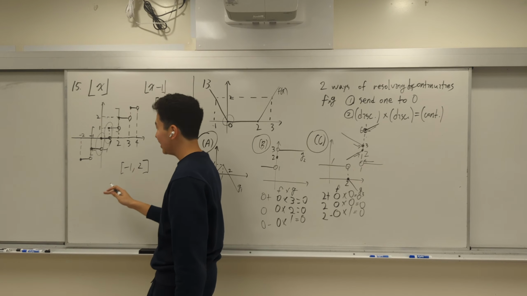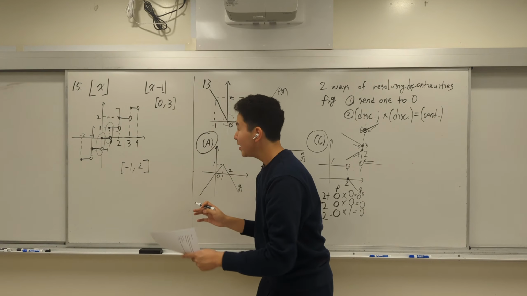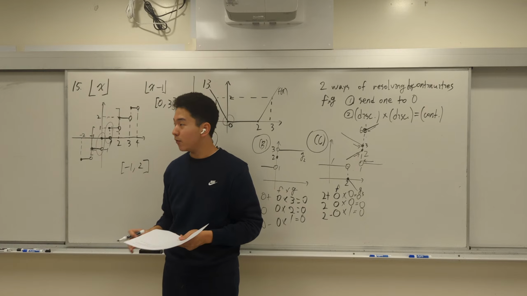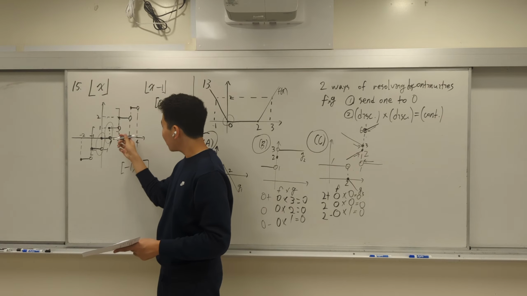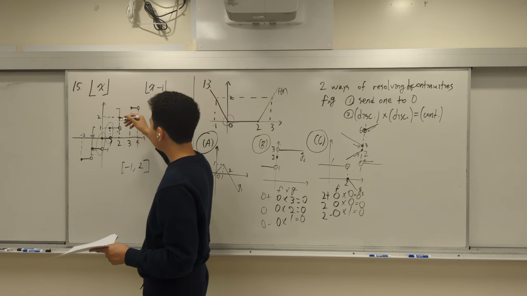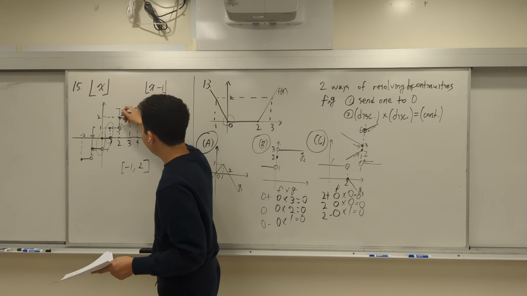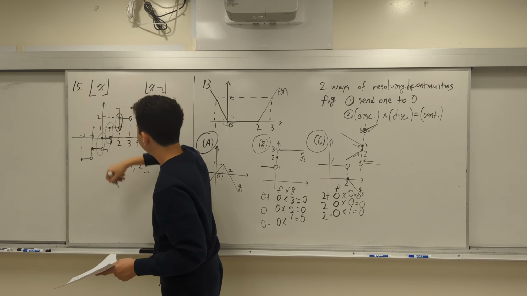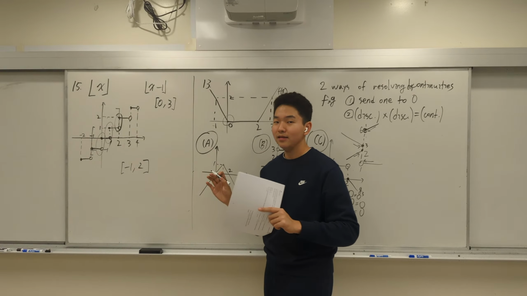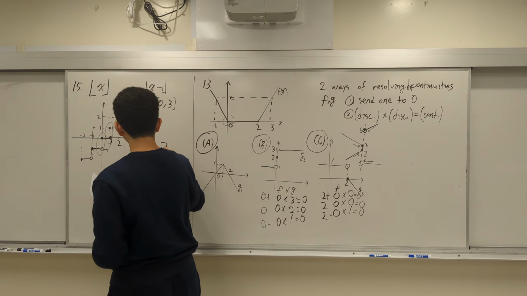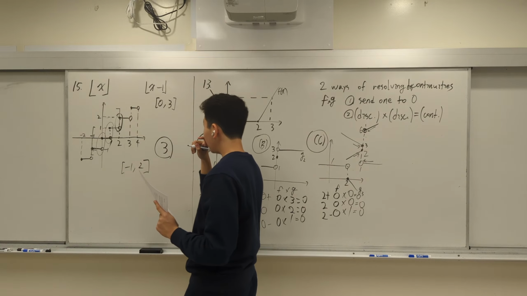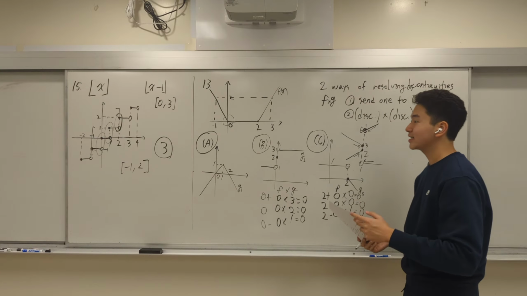So that means that in this closed interval, this point is a continuous point. Although if we look at the entire function, it's definitely not. But on the right-hand side, the function value does not exist at all, which makes it a discontinuity, okay? So just that little distinction there. So there's a total of 3 discontinuous points for the floor of x minus 1.